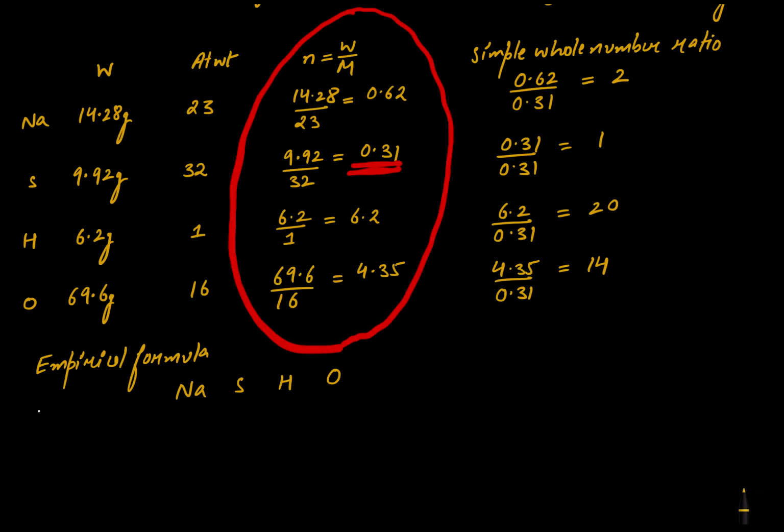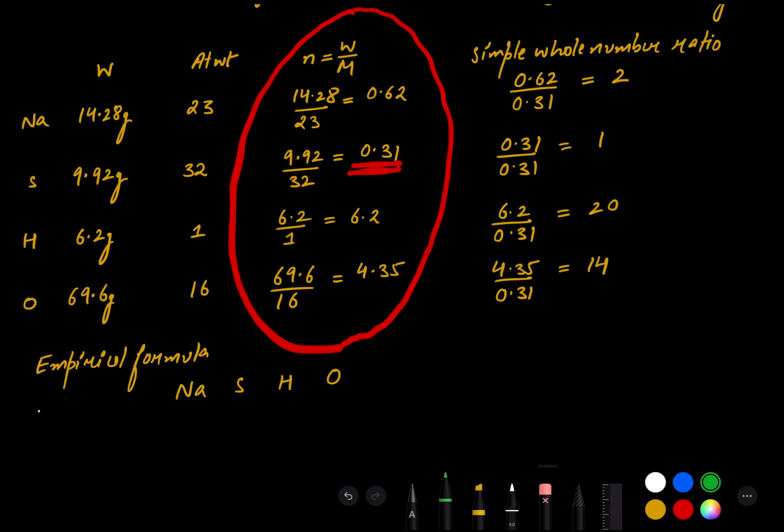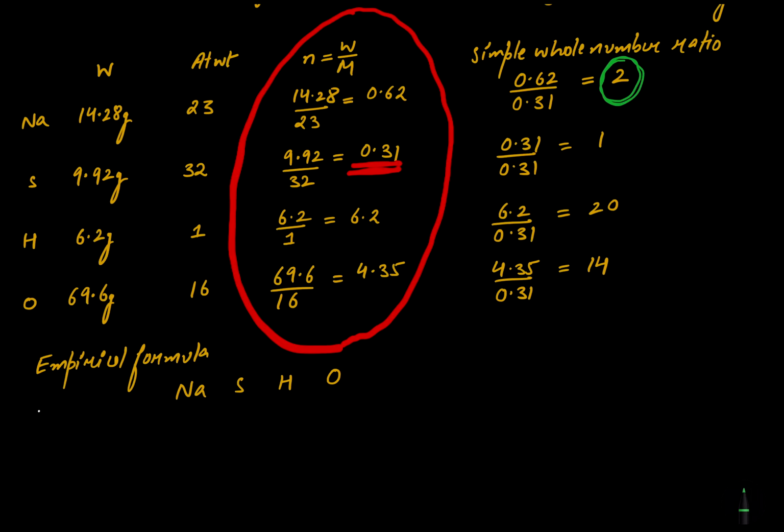What's the value of sodium we got in the simplest whole number ratio? It comes out to be 2, so I'm writing 2 over here. For sulfur I got it to be 1, so I'm writing 1. For hydrogen I got the value of 20, so I'm writing 20. And for oxygen I got 14, so I'm writing 14. So that is my empirical formula.